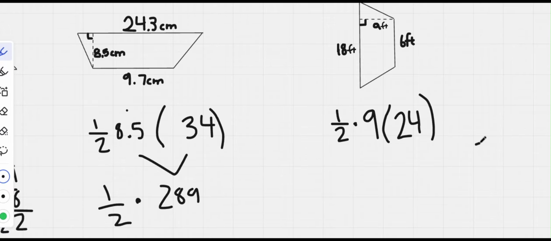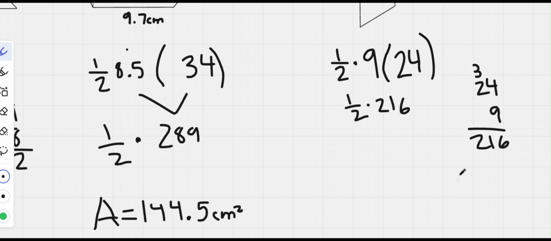Nine times 24 is, well, 9 times 4 is 36. Write our 6, carry the 3. And 9 times 2 is 18, plus 3 is 21. So 9 times 24 is 216. So now we have 1/2 times 216.